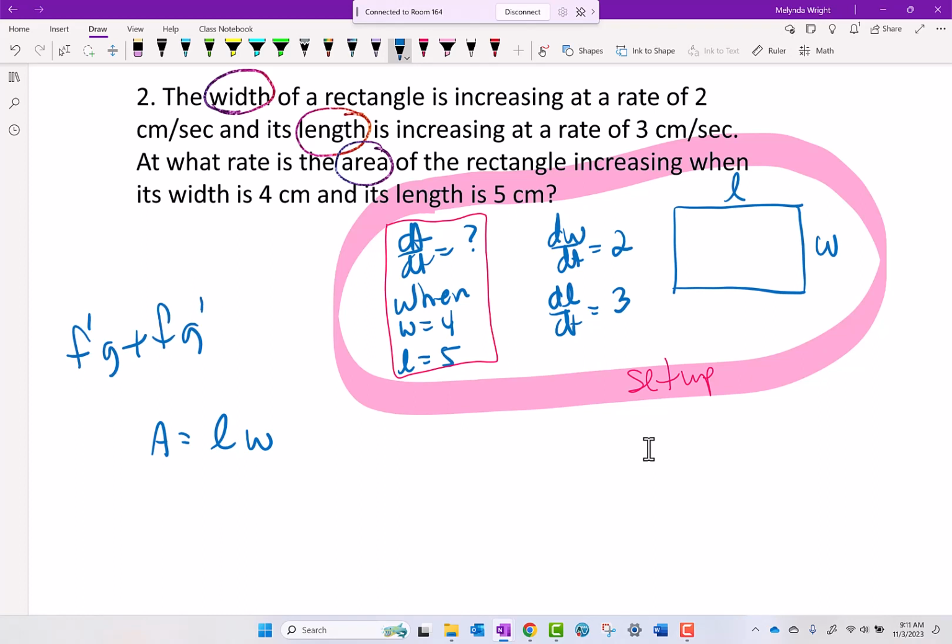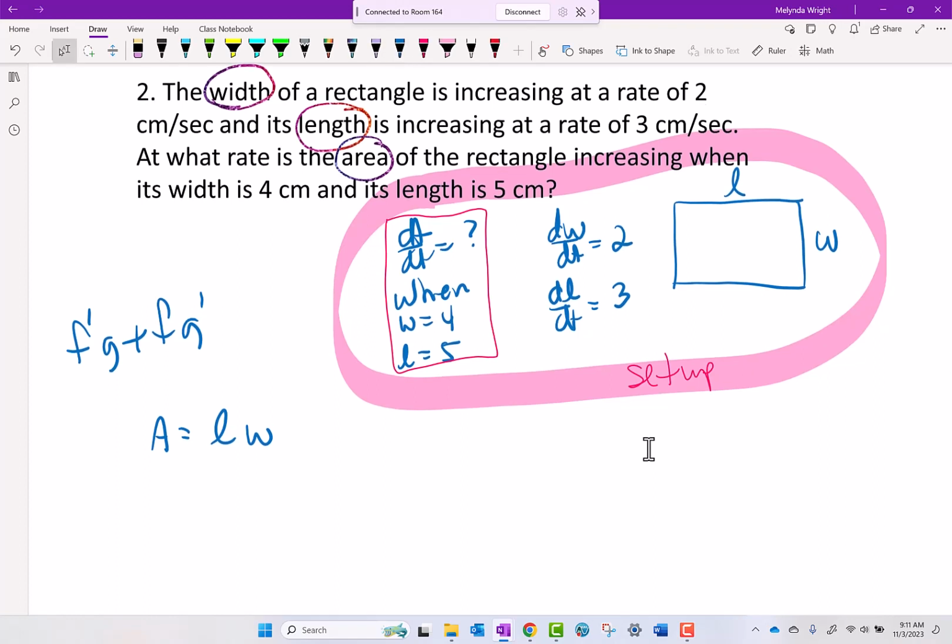So step 4 is writing the equation. Step 5 is taking the derivative. So let's take the derivative. dA dt equals, so we take the derivative of the first term, which is L, so dL dt, copy paste the second function, plus, copy paste the first function, take the derivative of the second one, the derivative of W is dW dt.